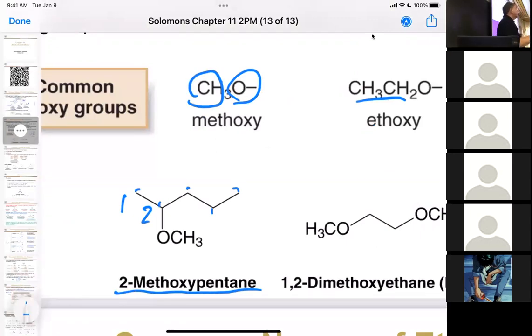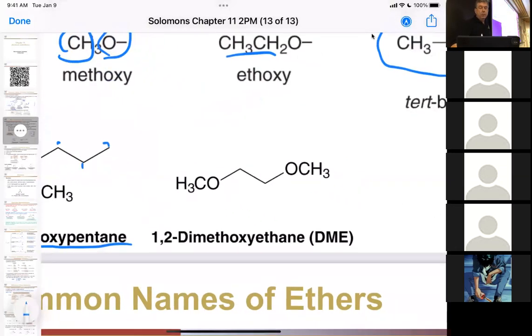IUPAC names have dashes, commas, brackets, numbers, letters, and they all flow together, okay? So where's the longest parent chain in this one? Well, we have to do that and that right there, because this is only one carbon, this is only one carbon, this is 2 carbons. So it's the longest chain. So our parent is ethane. And we have a methoxy on the 1 carbon and a methoxy on the 2 carbon. So we have 1,2-dimethoxyethane.